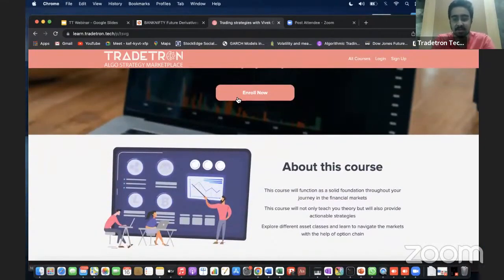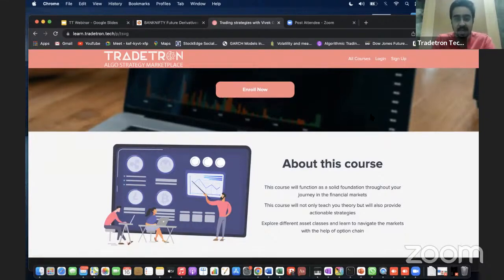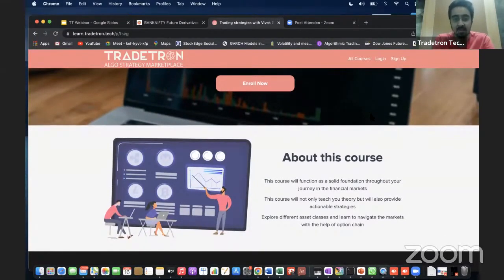So this was somewhat like a trailer, but we will be going very much in depth on option Greeks. We will be going into strategies, so live actionable strategies that you can use, and all of this with the help of Tradetron. So we will be using Tradetron as our algo engine, and we will be building these strategies that will be discussed in detail by Vivek, of course.